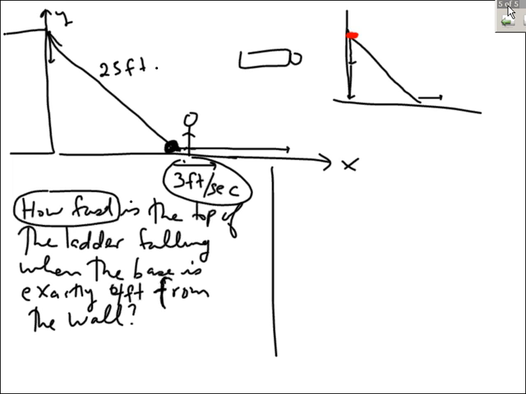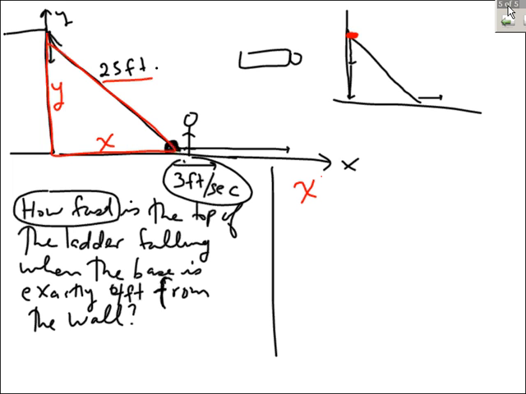Well, first, let's try to find some equation. I hope that you see that we have this right triangle. This is x, this is y, and the hypotenuse is 25. You need some kind of an equation.